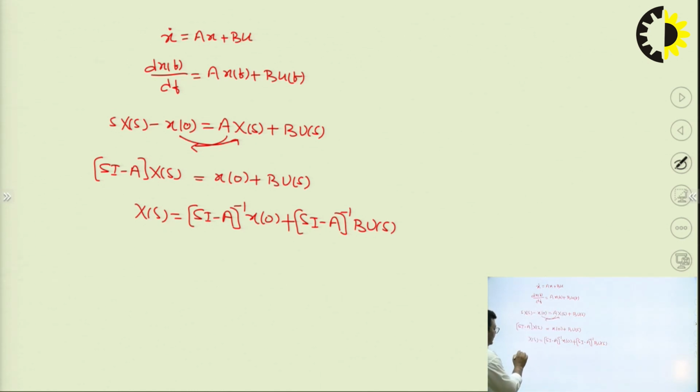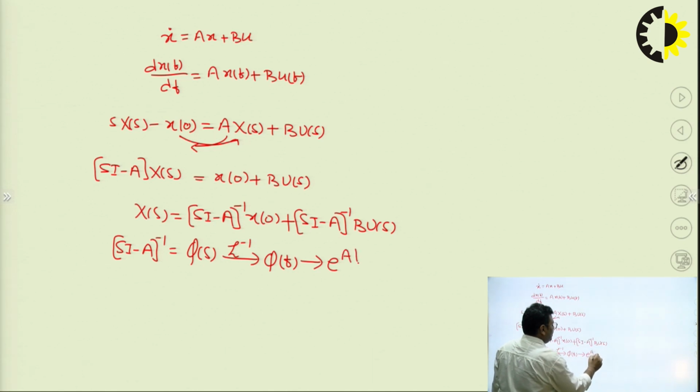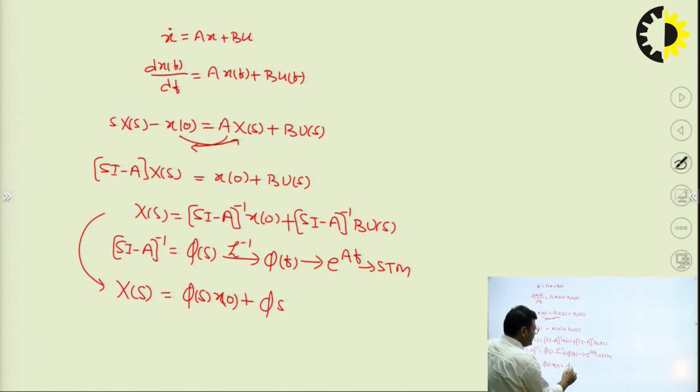Now, we assume that this si minus a inverse is nothing but phi of s, okay? And if I take the inverse Laplace of this, then I will get phi of t, okay? And phi of t is nothing but e to the power at, or we can say it is our STM, state transition matrix. So this equation can be modified as x of s is equal to phi of s into x naught plus phi of s into b u of s.